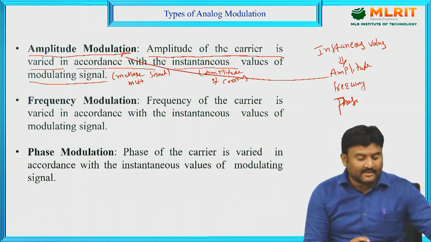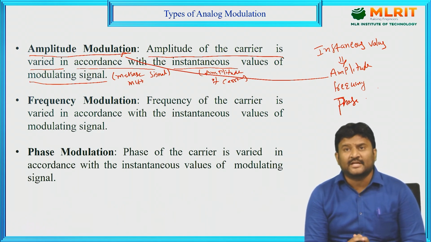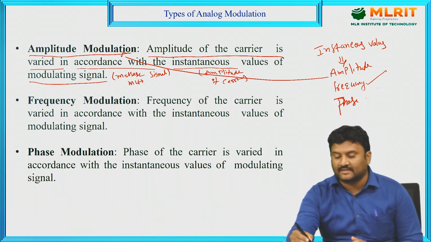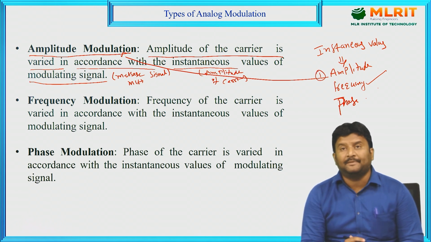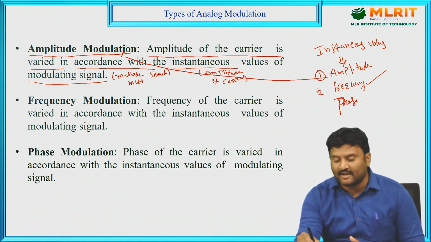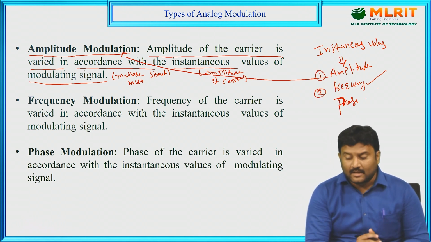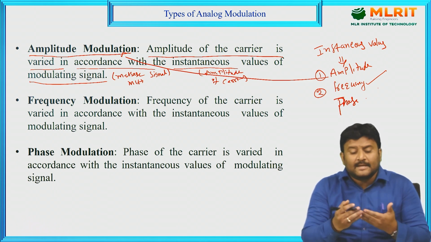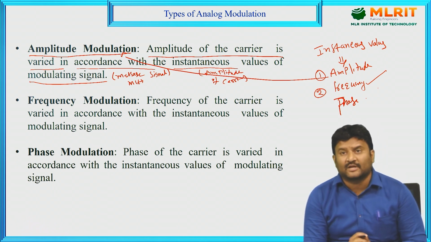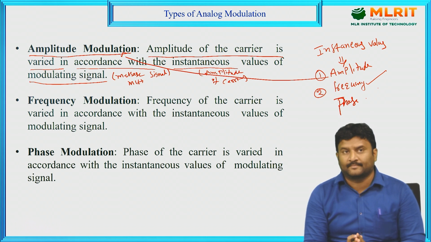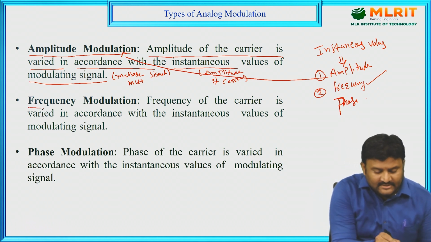Then go for the next one. The next instantaneous value is frequency. The first instantaneous value was amplitude, and the next is frequency. Just replace the word amplitude with frequency, and the definition is done. Then what is that? Frequency modulation.